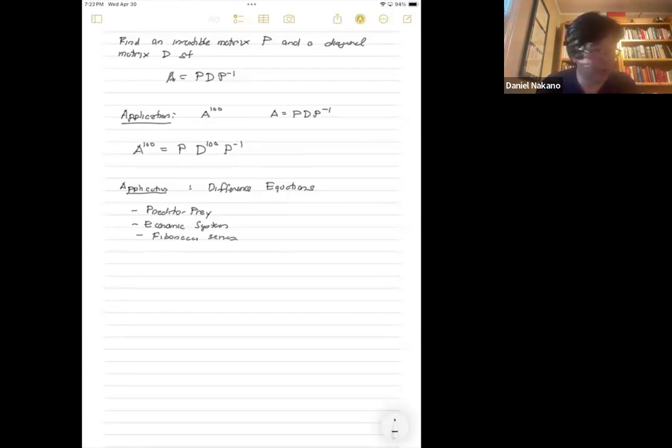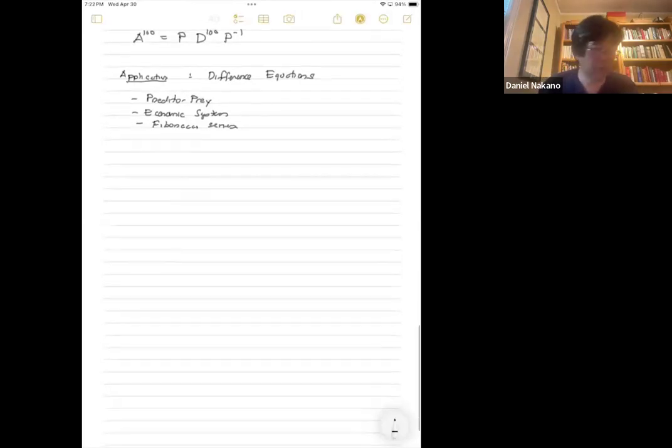The idea was fairly simple in many ways because we just assume that we have diagonalizability. The difference equation looks something like this: at the k plus first stage, you have A times x to the k, and A is an m by n matrix.